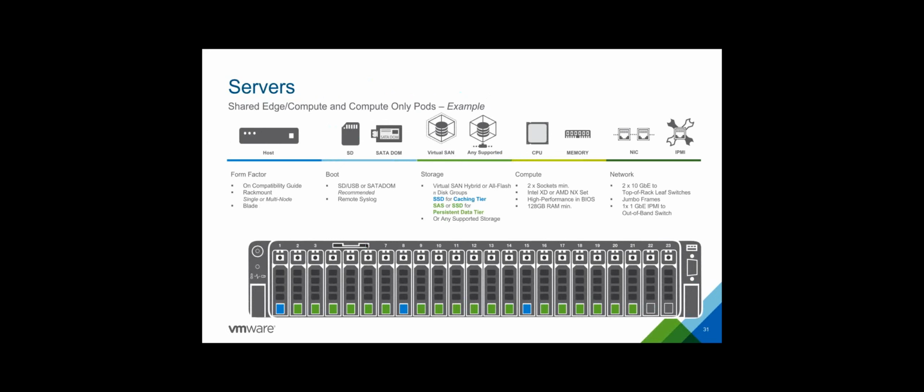Well, as Ryan said, we'd prefer you to. That's what we test with, and we know that it works really well. But we don't go out there and test with every single EMC array and every single NetApp filer and every single other storage vendor's product out there. We don't have the capability to do that. So what we do is we say, we've tested with this. We know this works. We know that it will scale, that it's stable, that it meets our requirements.